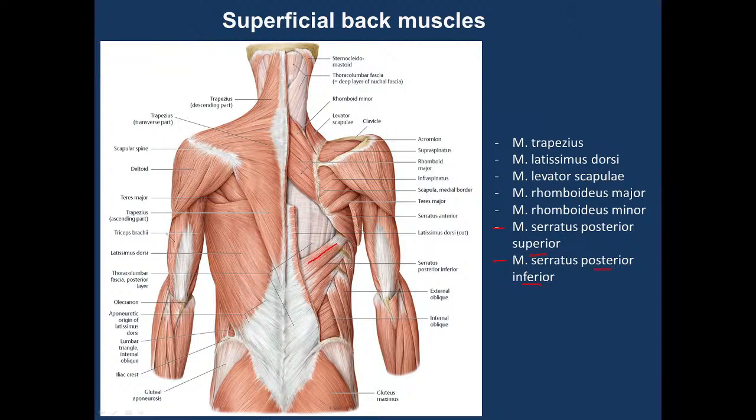Here you see musculus serratus posterior inferior. This muscle comes from the processus spinosus and fixes on the ribs here. So usually these muscles pull the ribs down and help us to produce expiration.